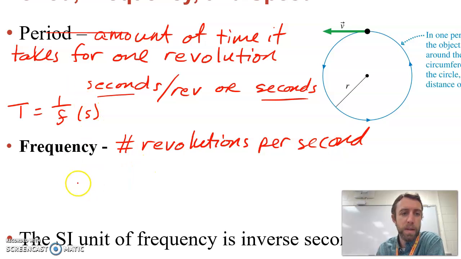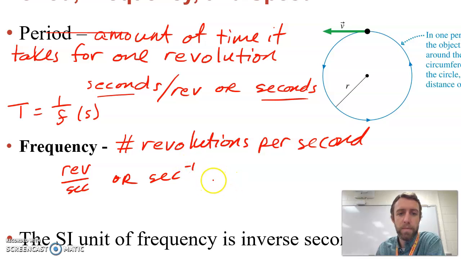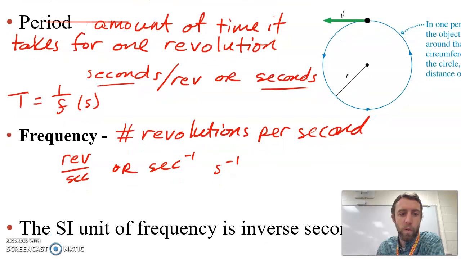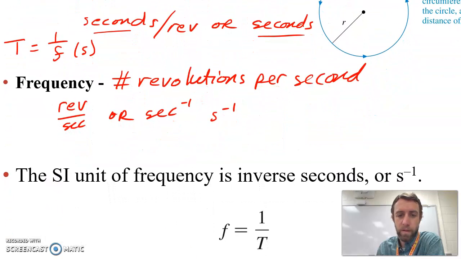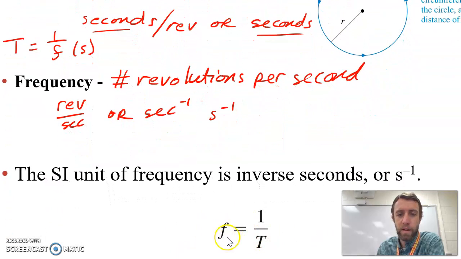So sometimes you will see this as a unit of revolutions per second, or seconds to the -1, like that. All right, the inverse of seconds. So either one can work. So that's written right there. And frequency down here equals 1 divided by the period.